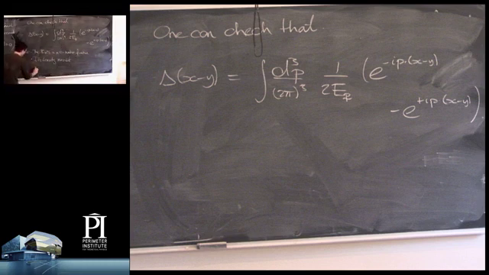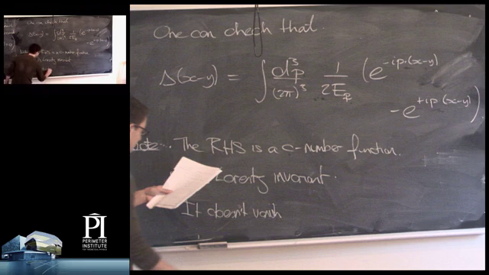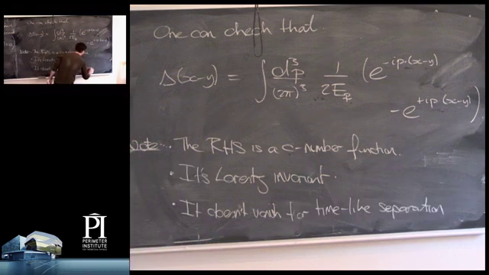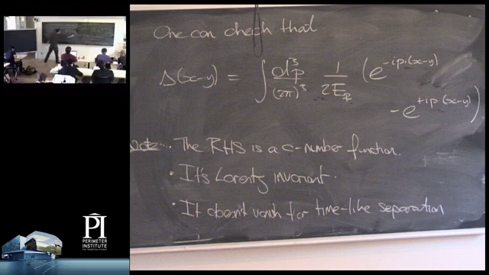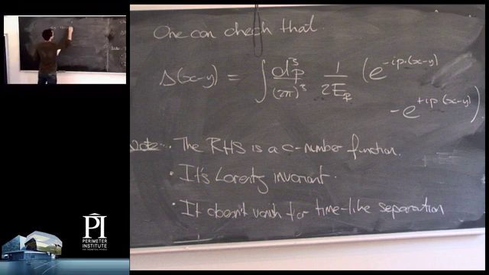It doesn't vanish for time-like separated events. So for example, if x minus y is equal to (t, 0, 0, 0), which means that the operator O2 is inserted within the light cone of operator O1, you wouldn't expect any reason they commute.